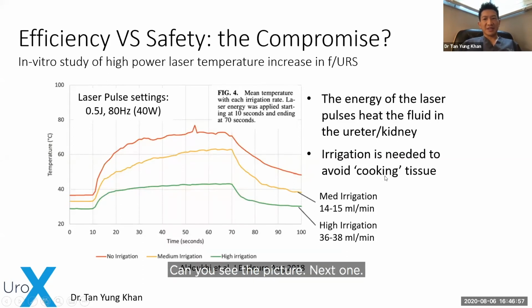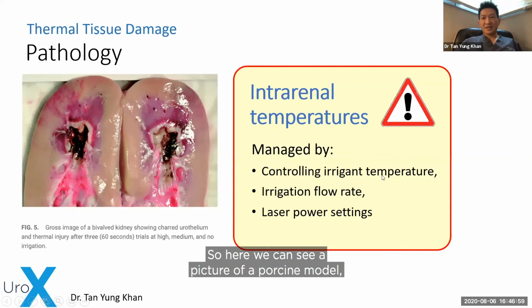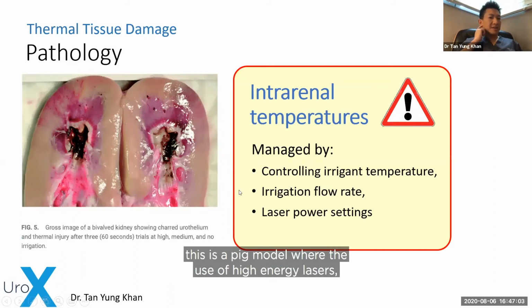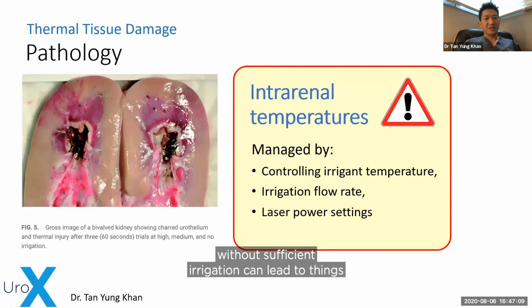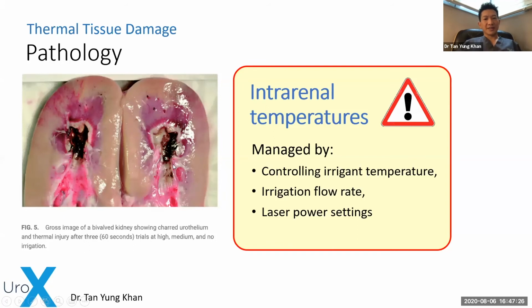Can we see the picture? Next one. So here we can see a picture of a porcine model. This is a pig model where the use of high energy lasers without sufficient irrigation can lead to things like eschar formation, and also beyond the initial surface blackening, you see white patches of ischemia and heat trauma going throughout the kidney.